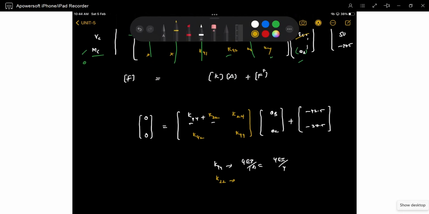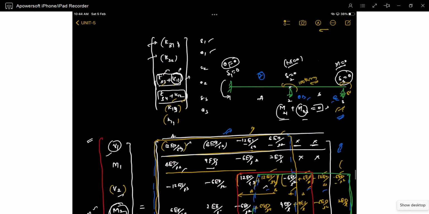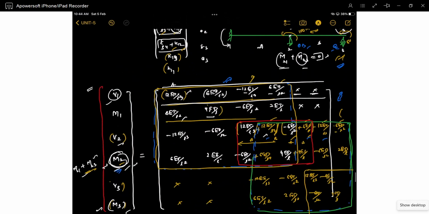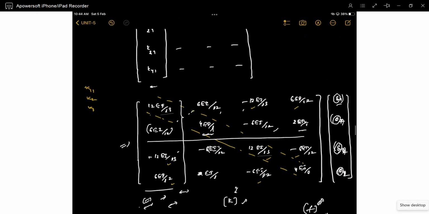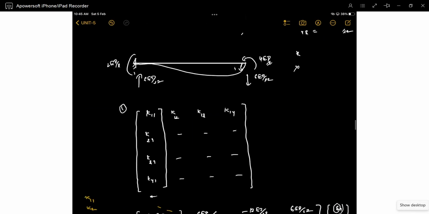K22 is 4EI by L only. Otherwise, see, the full matrix is already there. This is 4EI by L, this is also 4EI by L. You have to remember the matrix, but you can derive it within seconds because this derivation is very simple.